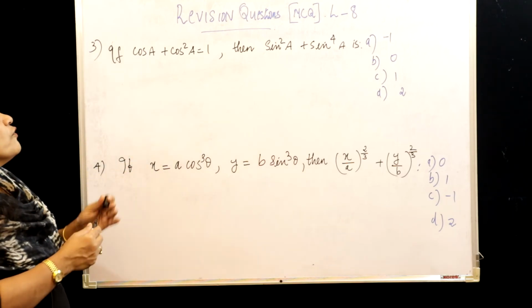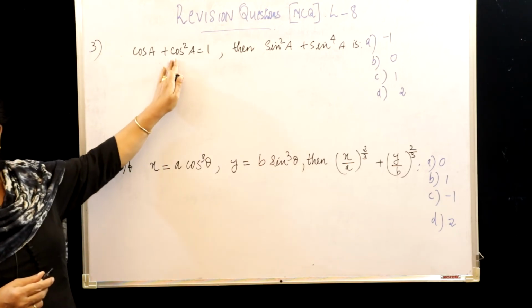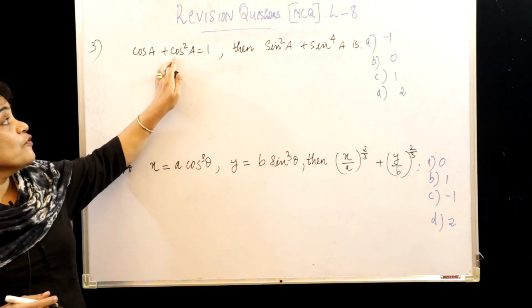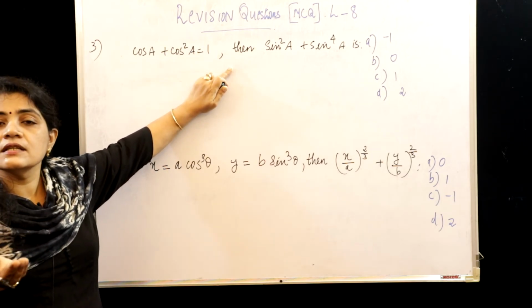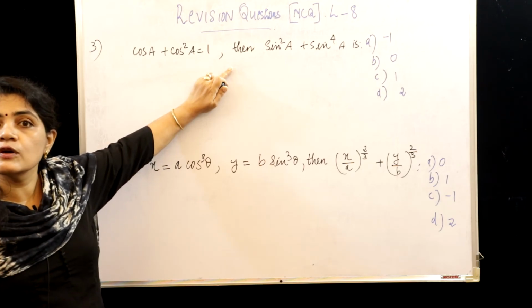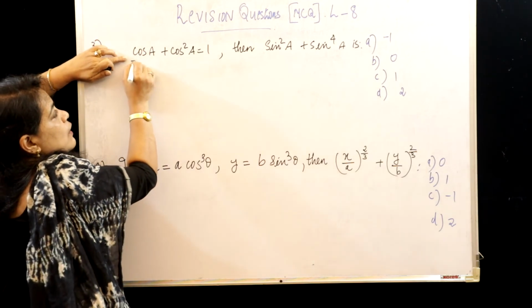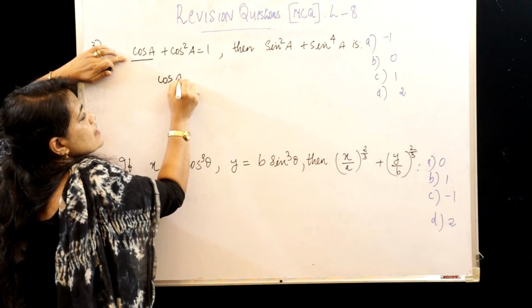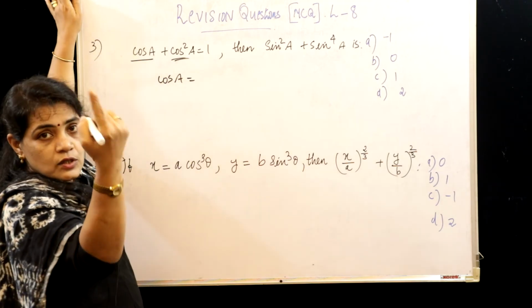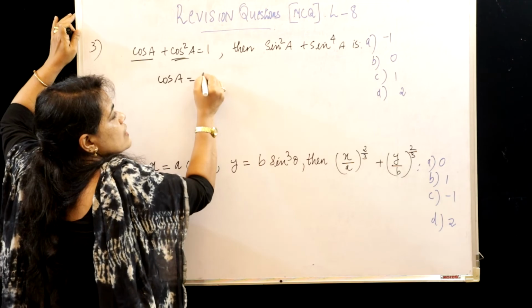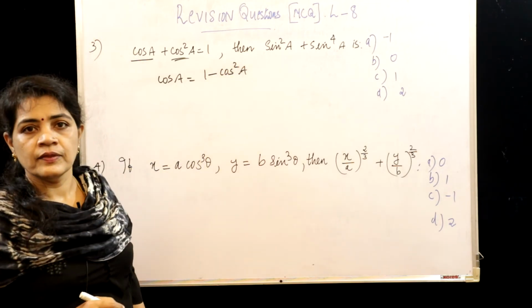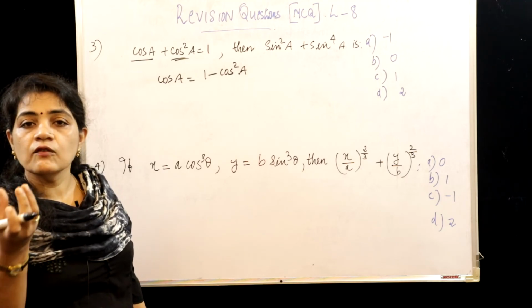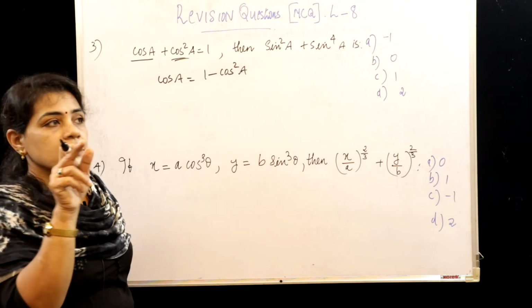That means cos A equals, if cos square A comes to the RHS, 1 minus cos square A. I am keeping cos A alone in the LHS by taking cos square A to the RHS. 1 is already there in the RHS, so 1 minus cos square A. And because of the first identity, 1 minus cos square A is sin square A.